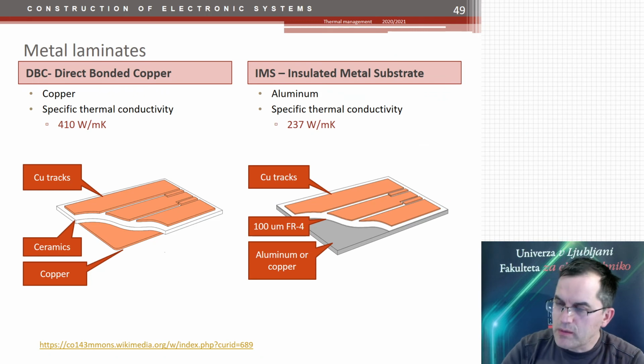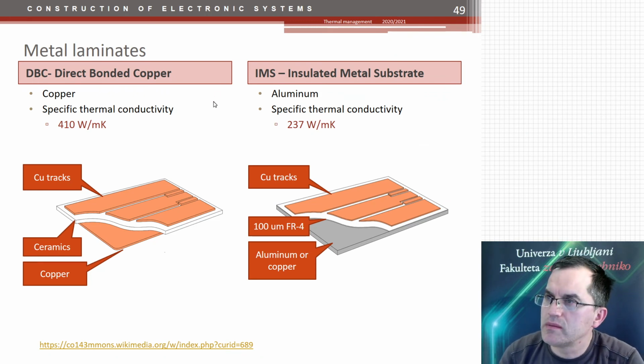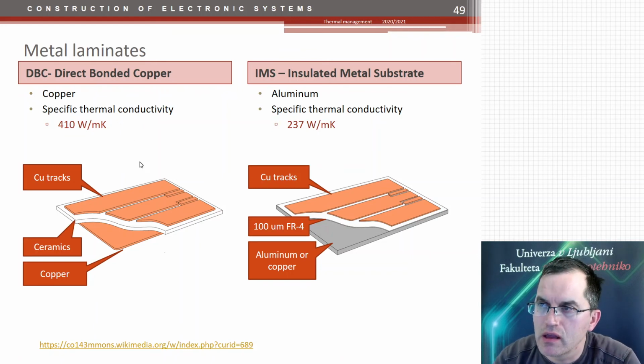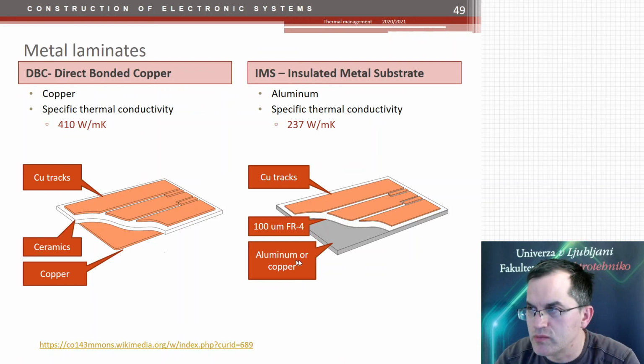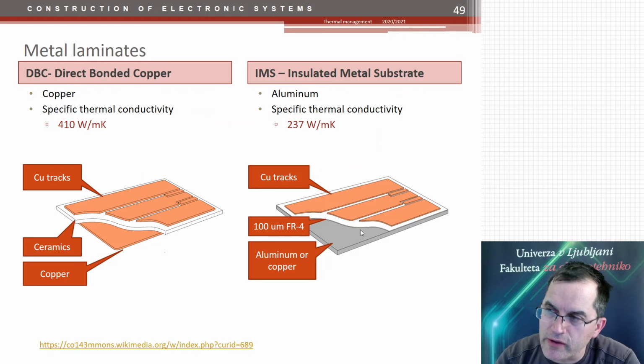All right, what about other laminates? Well, we have also special laminates for high heat conductivity. For example, direct bonded copper, or IMS, the insulated metal substrate. In IMS, usually aluminum is used, and for the insulation between the copper tracks and the base material, which could also be copper, of course, is a very thin epoxy resin.